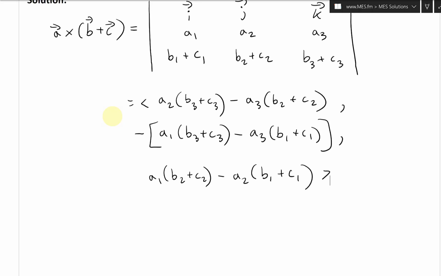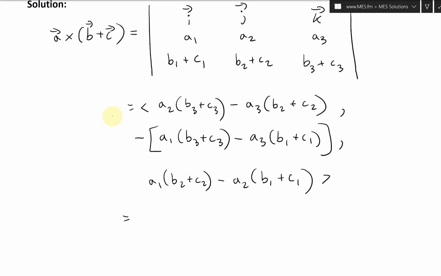And now what I'm going to do is expand these out. So this equals A2 B3 plus A2 C3, minus A3 B2, and negative A3 C2, since these are the negative ones.